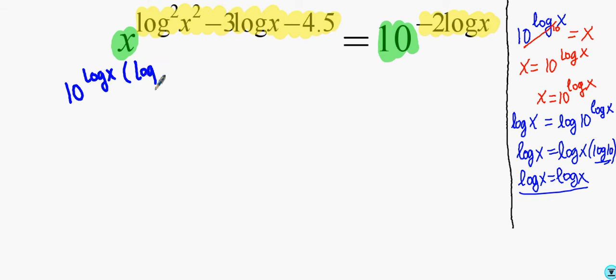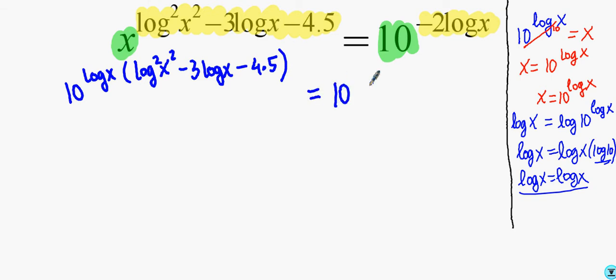So that will be log x squared minus 3 times log x minus 4.5. In class I had this thing in an exponent, so that was the problem. That equals 10 to the negative 2 log x. See, now we're getting somewhere, because I have 10 here and I have 10 here, so I can ignore it and just worry about my exponents.